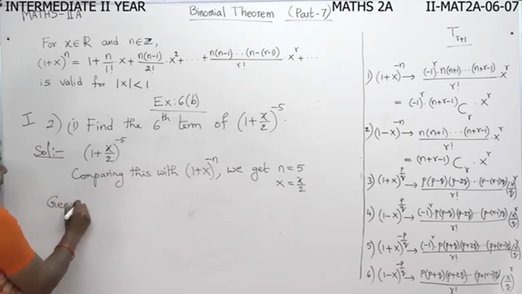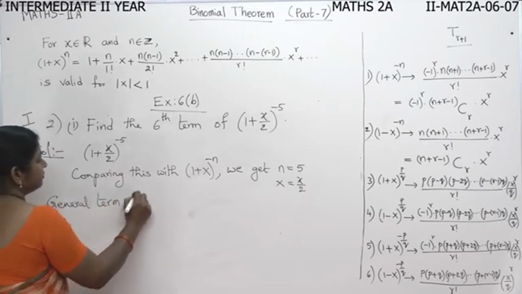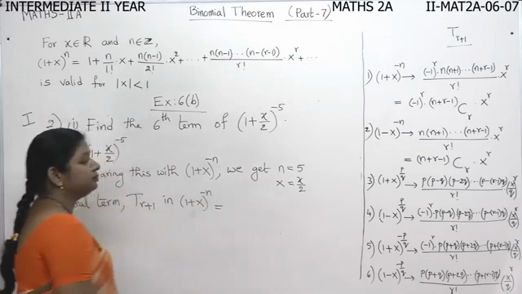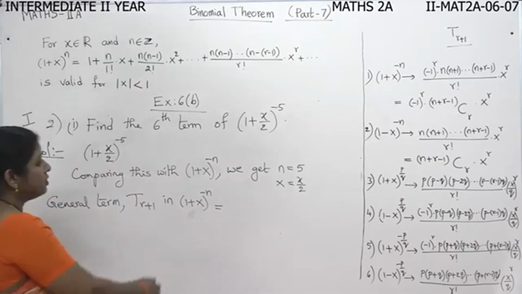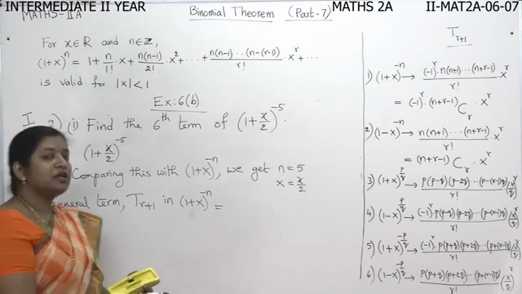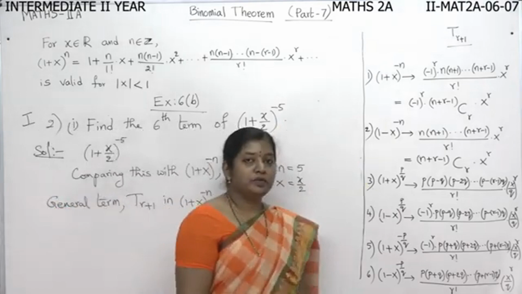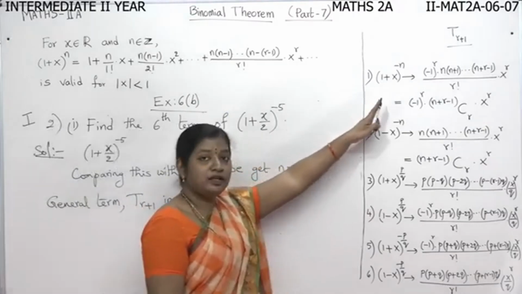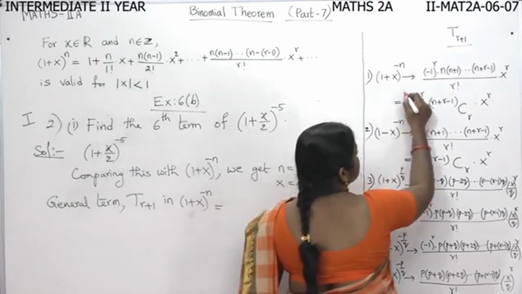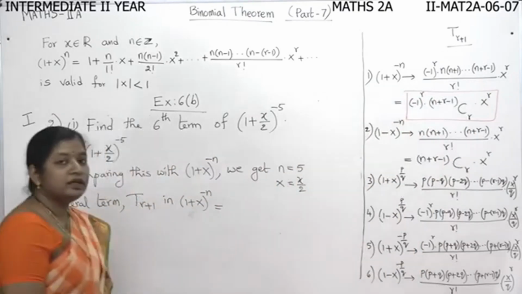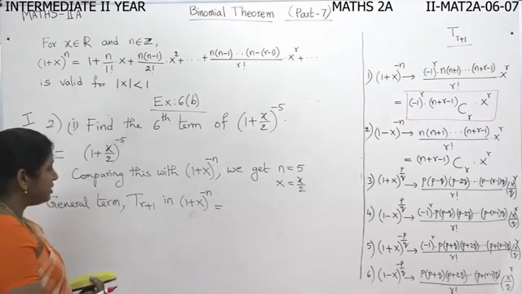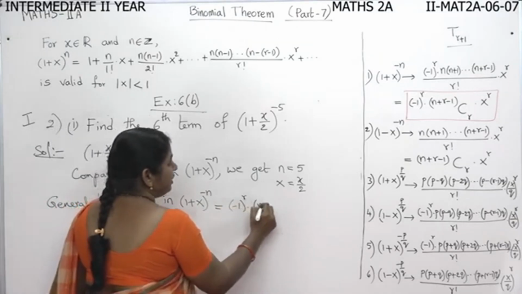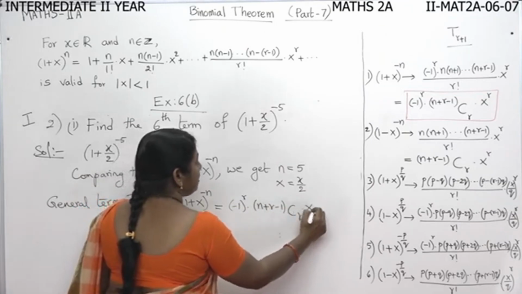If you have already written all the formulas in one place, problems become very easy. So the general term tr plus 1 in 1 plus x to the power of minus n is minus 1 to the power of r into n plus r minus 1 cr into x to the power of r.